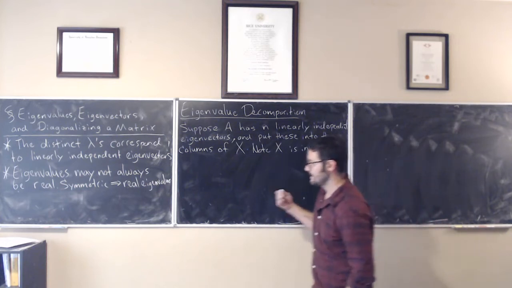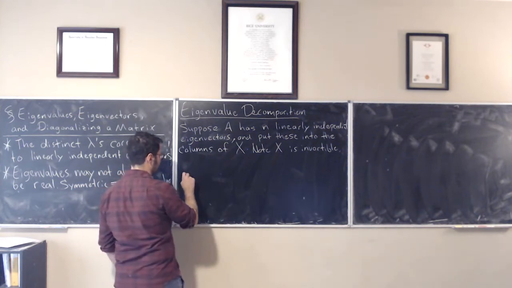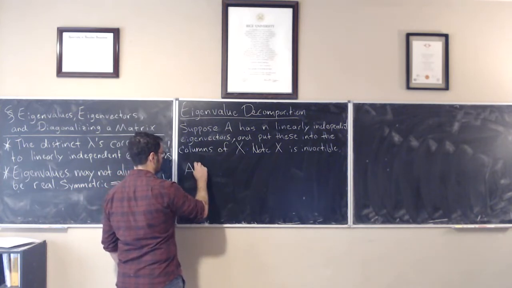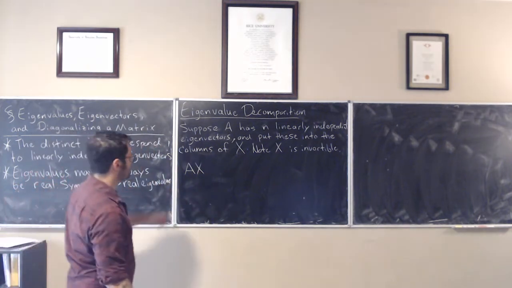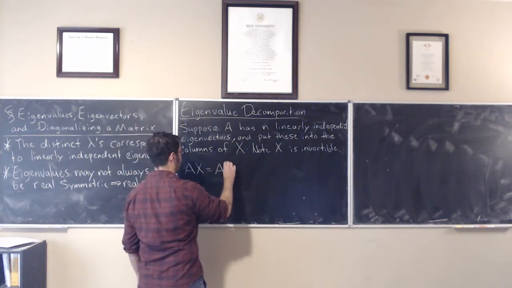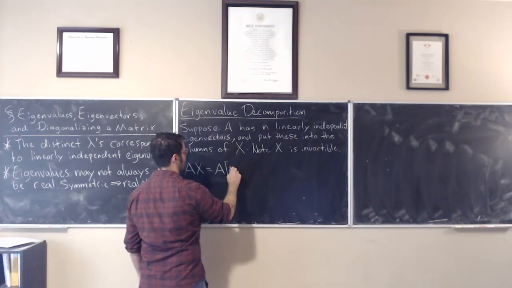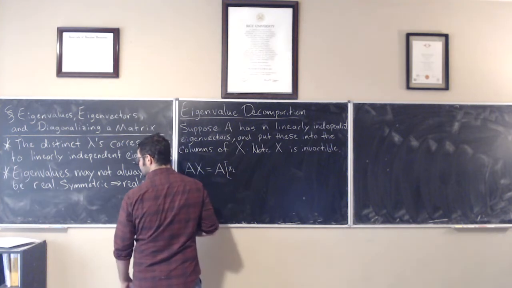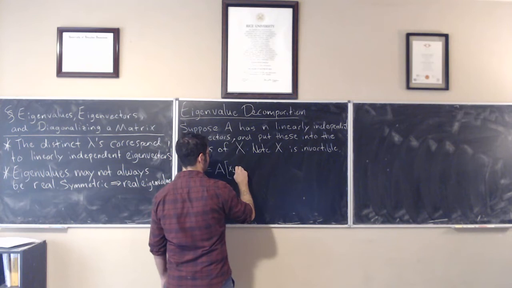Now, next, let's look at A times X. What does this look like? This is A times X1, dot, dot, dot, Xn.